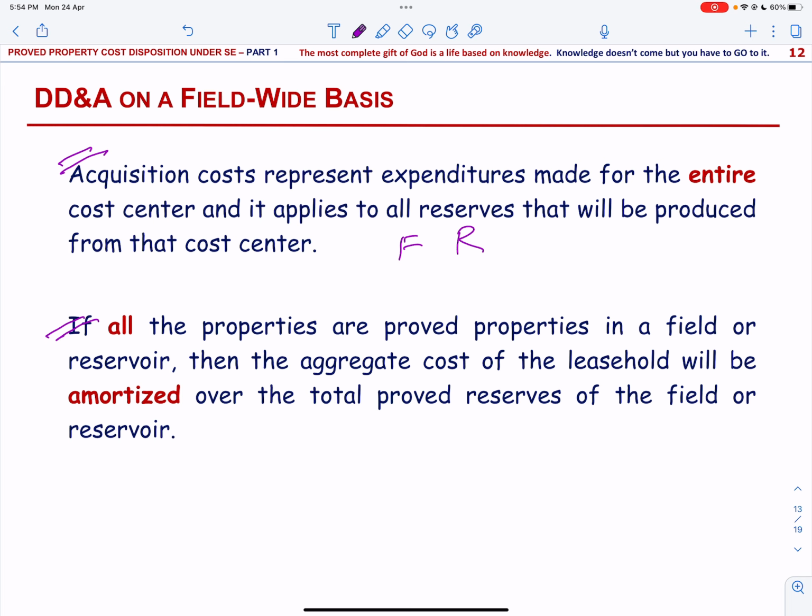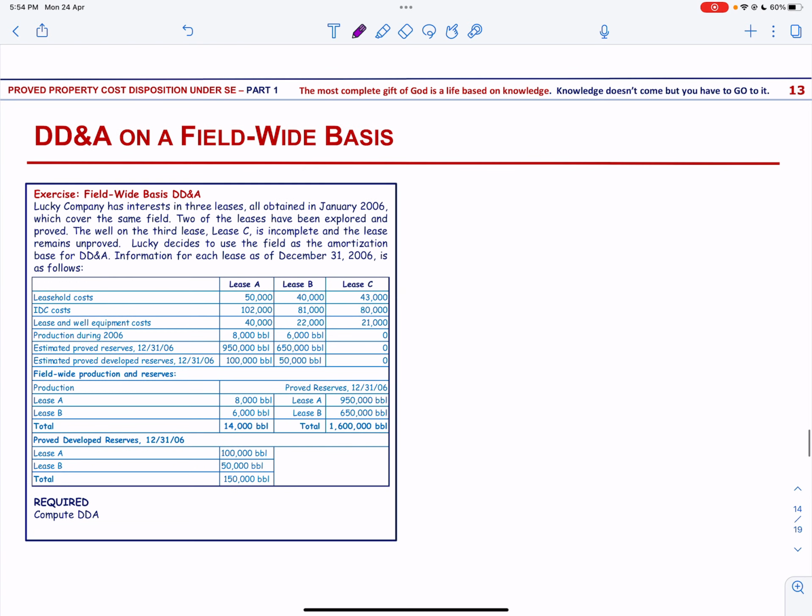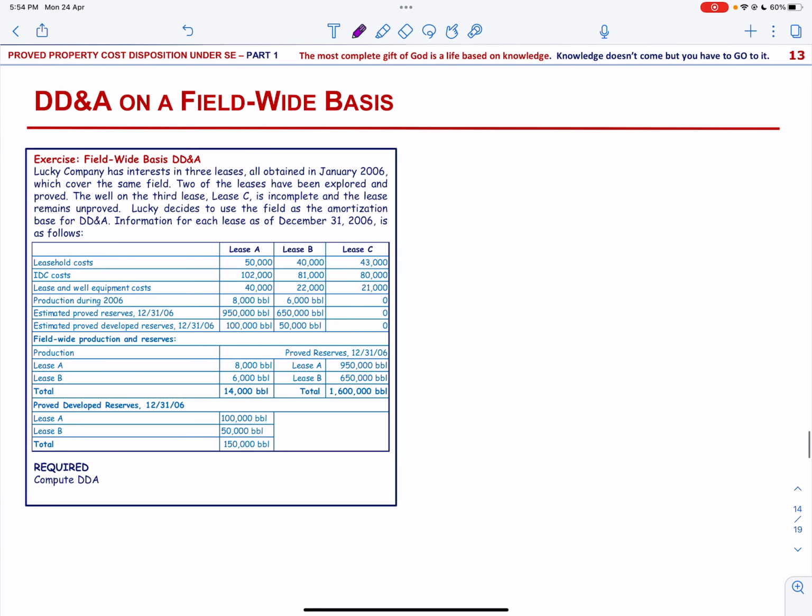So let us solve an illustration in this regard. Lucky Company has interest in 3 leases, all obtained in January 2006, which cover the same field. 2 of the leases have been explored and proved.